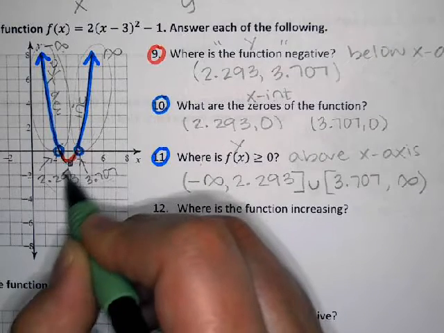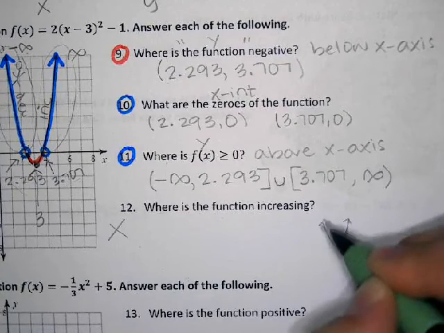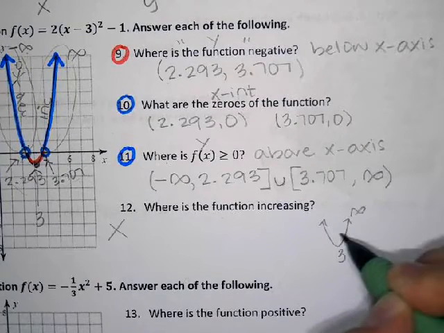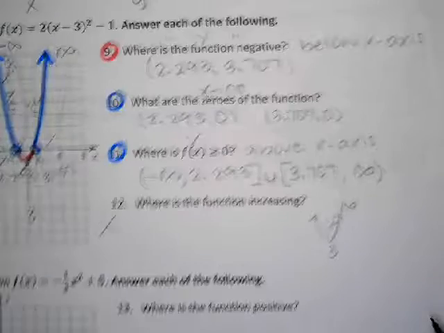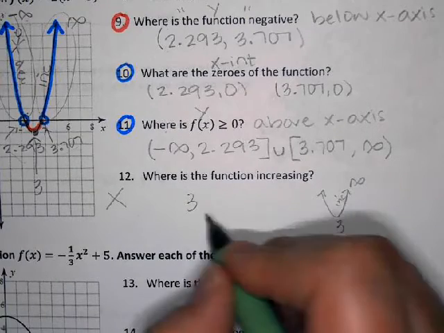So for the increasing interval, let me draw a cleaner picture. 3, infinity, increase. Is that better? Okay, so what is our answer for the increasing interval? 3 to infinity. Okay, infinity always gets a parenthesis.